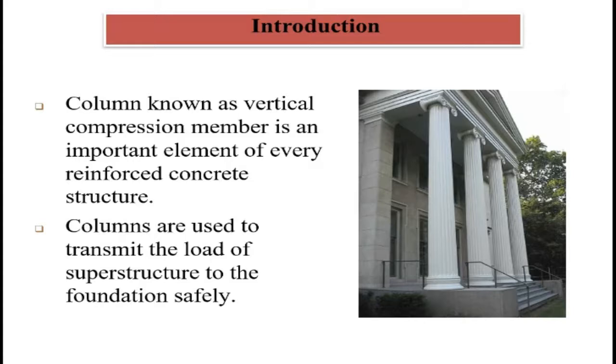Column is a vertical structure element, dia structure element yang bentuk tegak, or also known as vertical compression member, which is a very important element in reinforced concrete structure. As we know, column supports load from beam. Then the column will transfer all the load from the top to the foundation safely.